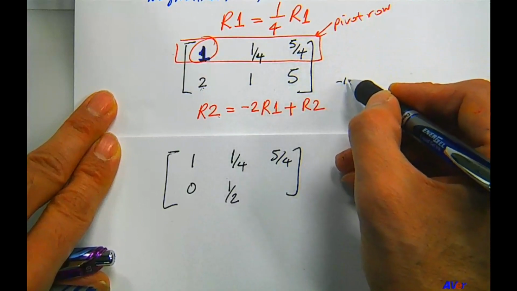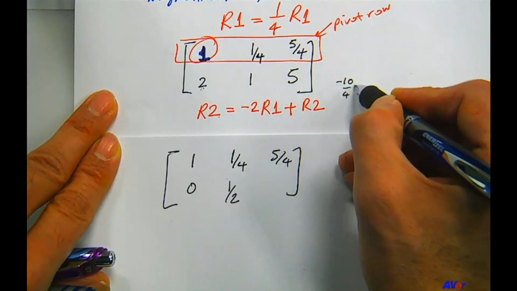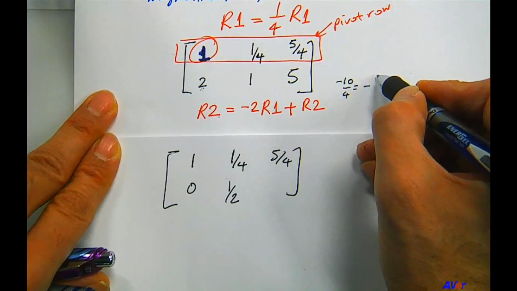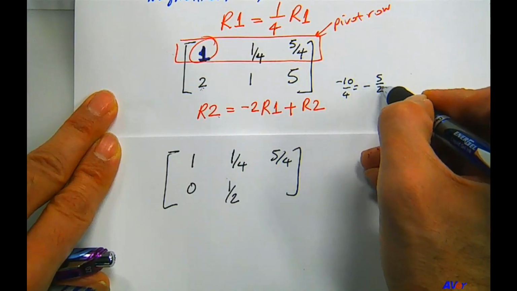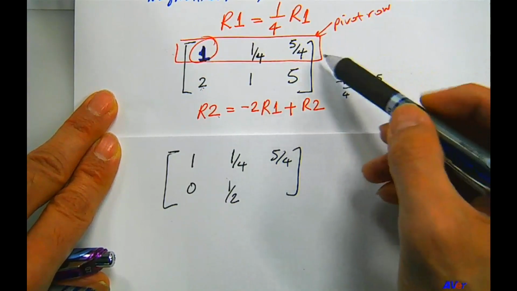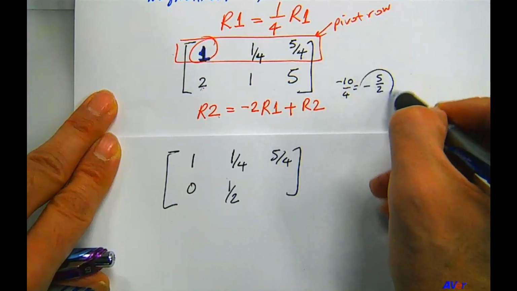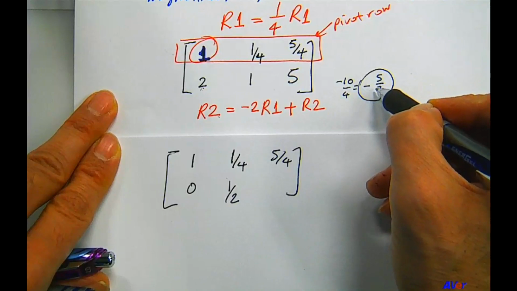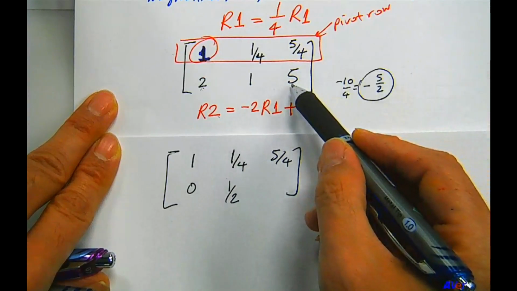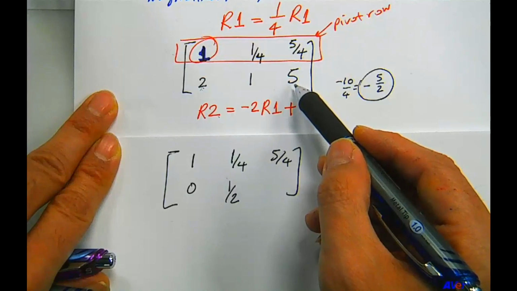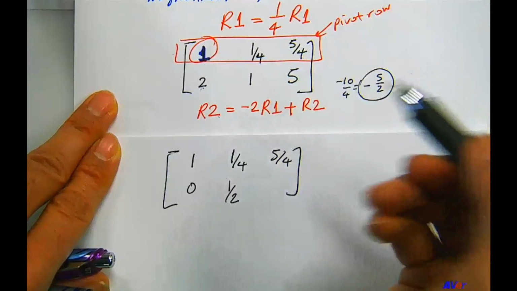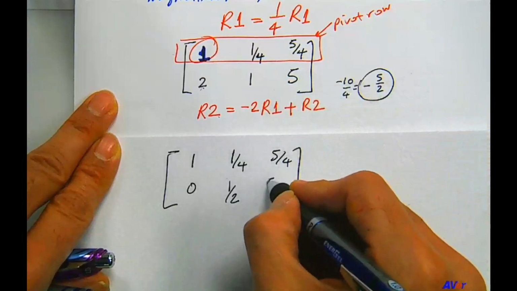We can simplify it, right? It will be minus 5 over 2. Then minus 5 over 2 plus 5. So this is minus 2.5. Minus 2.5 plus 5, it's positive 2.5 or positive 5 halves.